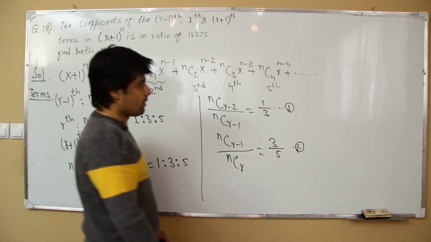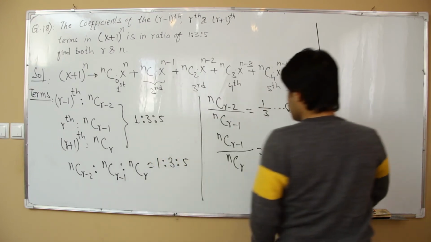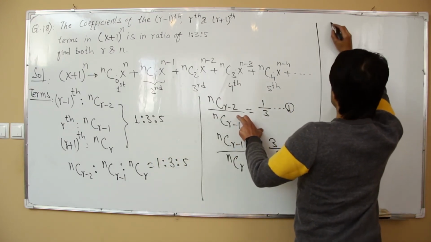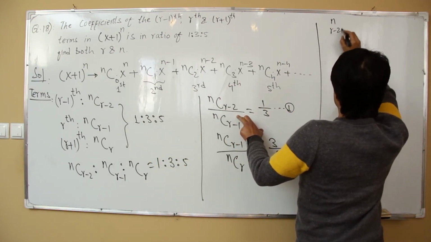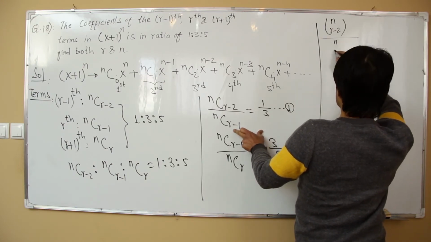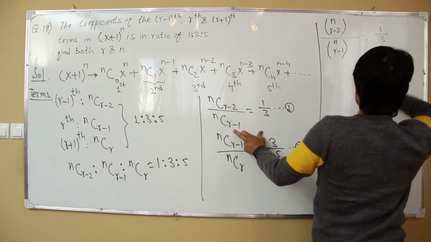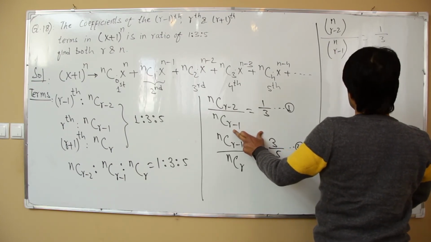The first one means nC(r-2) divided by nC(r-1) is 1 divided by 3. Am I right? Yes.